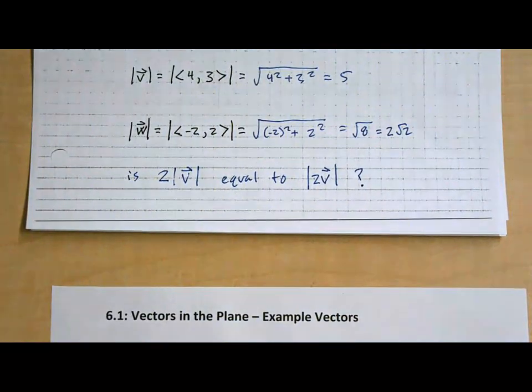Let's speak it in our minds first. Wonderful. Well done. So what do you think? Is doubling the magnitude of a vector the same as finding the magnitude of twice the vector?